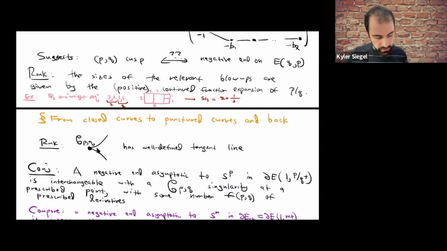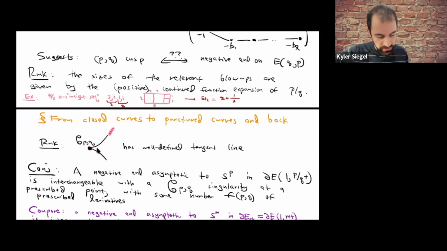Here the remark is that when you have a (p,q) cusp, even though the point is singular, so if you were to parameterize the curve near this point, the derivative of the parameterization would vanish at the origin, nevertheless, geometrically, if you think about the image of this curve, it actually has a well-defined tangent line at this point.